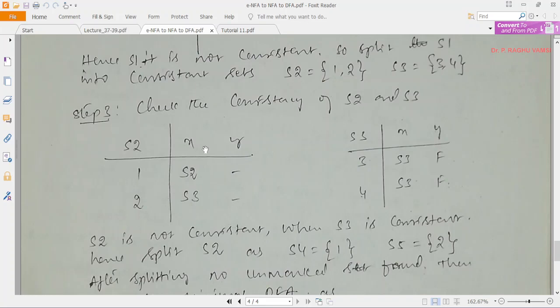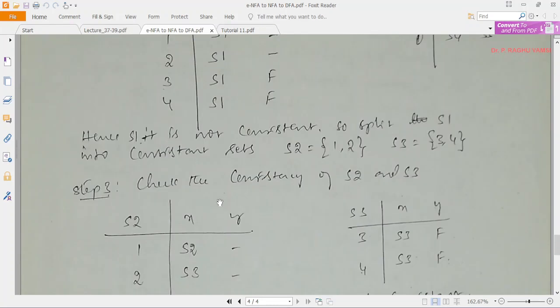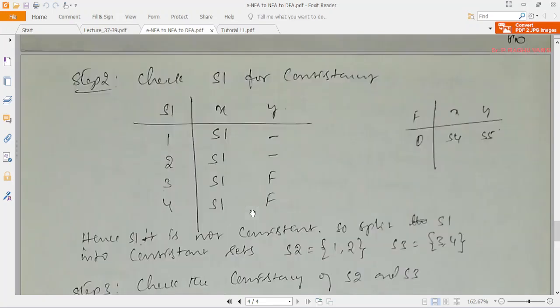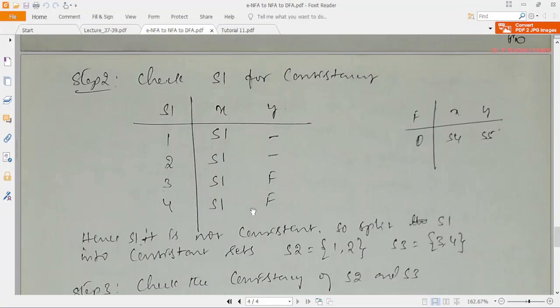Now 1 on X is going into the state 2. So state 2 is available in which set? In S2 itself. So 1 on X is resulting into S2. 1 on Y, where is it going? 1 on Y input is not there, so it is empty.